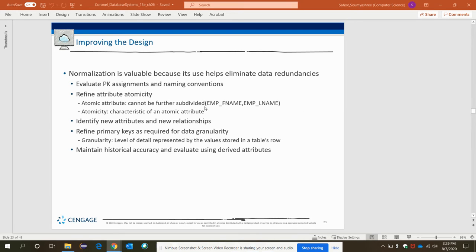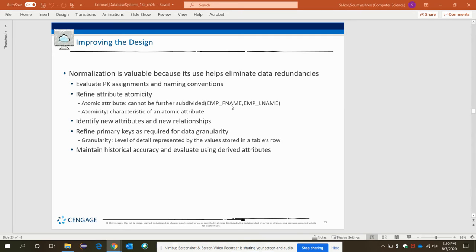Let's say the name of an employee, the first name and the last name, cannot be further subdivided, correct? An address can be subdivided into apartment number or area, the state, city, and the zip code. But the first name of an employee is atomic; it cannot be further subdivided. This is something we need to make sure about.